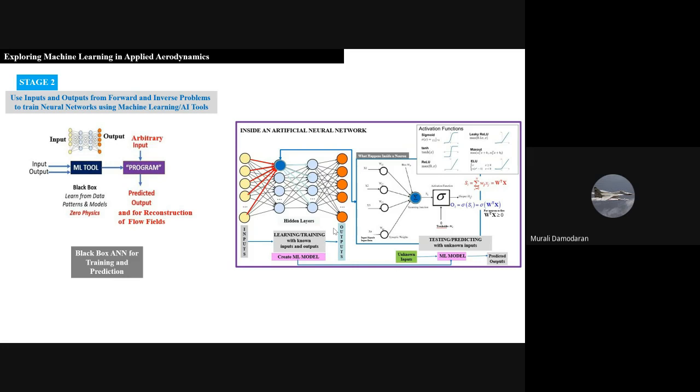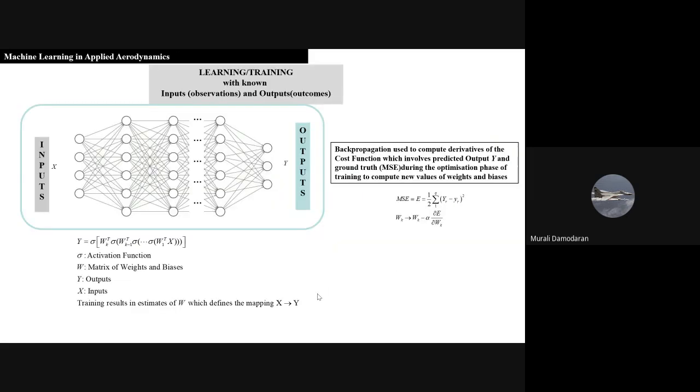When I do that, I have some confidence, because then I can put in anything and get some answers, and then you want to see. So that is the whole idea of the neural network. It's used very nicely in many fields: facial recognition, speech, whatever. There are so many things people have done.